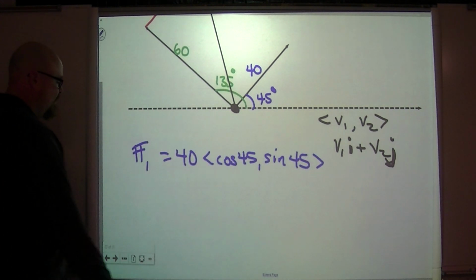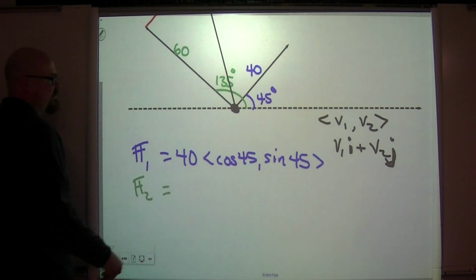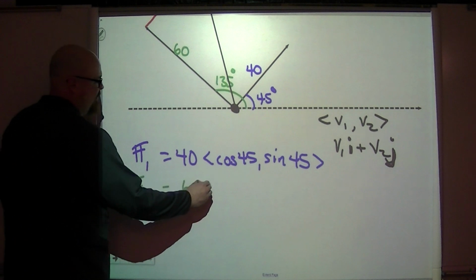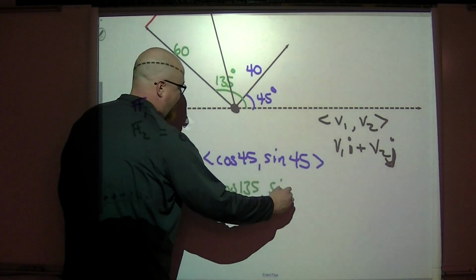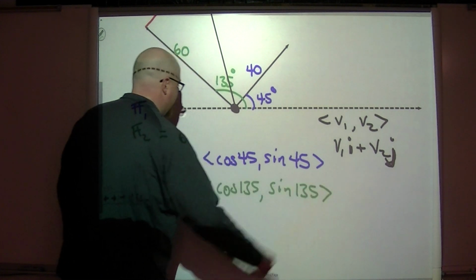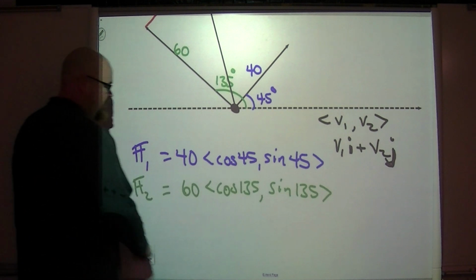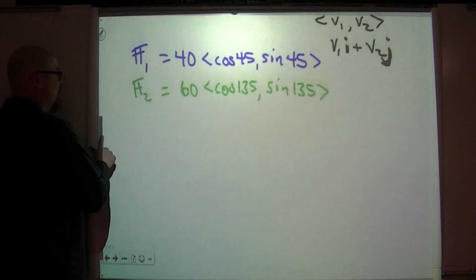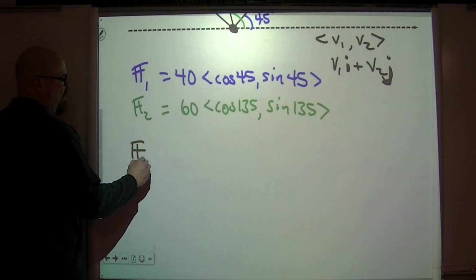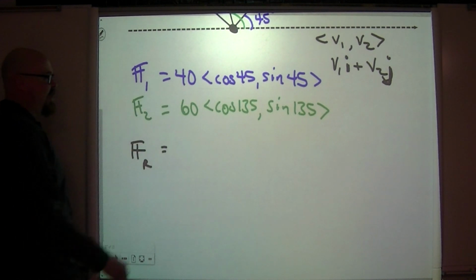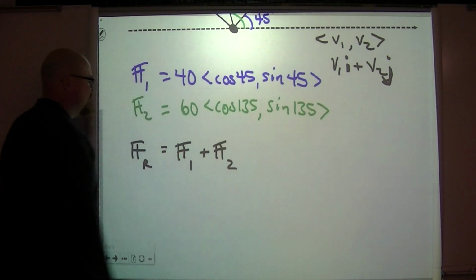Force vector 2 has a magnitude of 60 pounds and is pulling at an angle of 135 degrees. So it looks like this. The resultant force is the sum of force vector 1 and force vector 2.